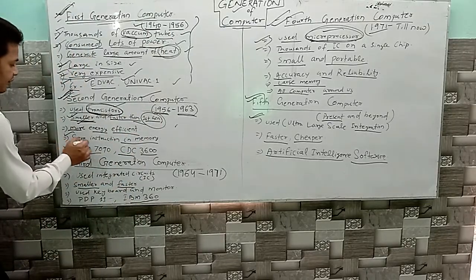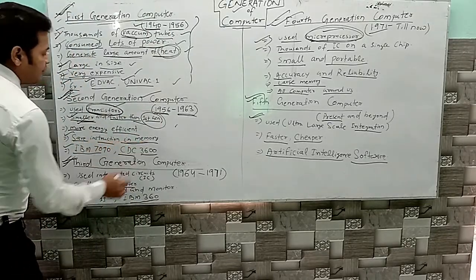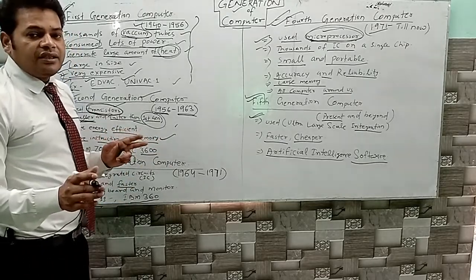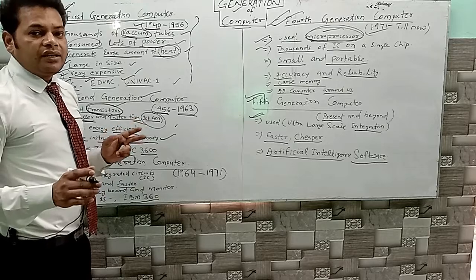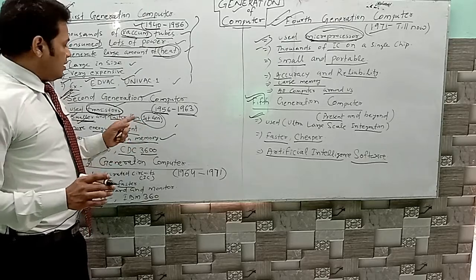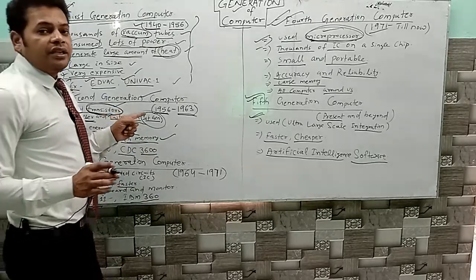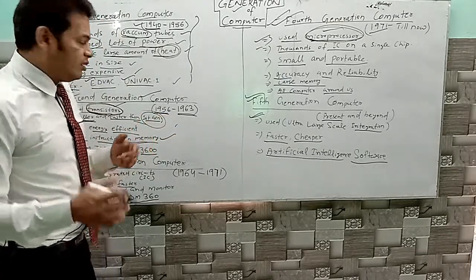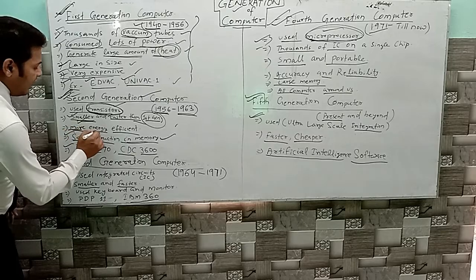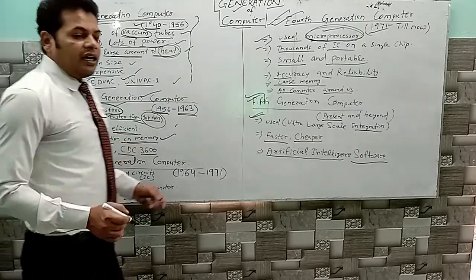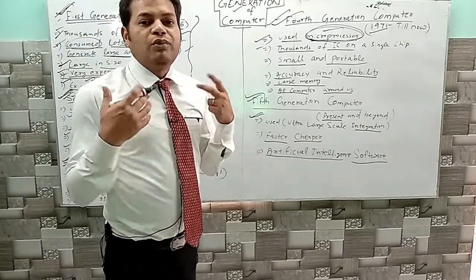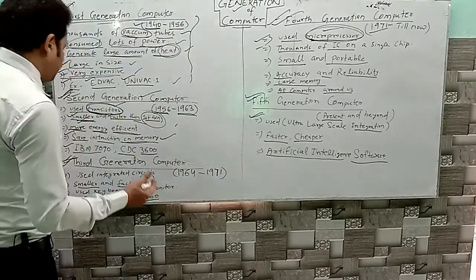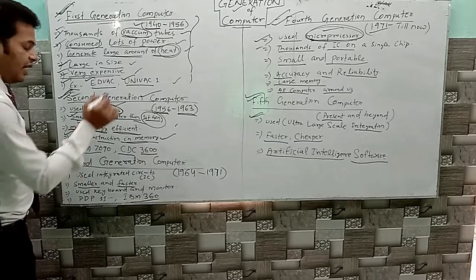It could save instructions in the memory. It means in the second generation of computer, it had the memory power to save the data and the instruction, and it was more energy efficient, which was very efficient for that computer.